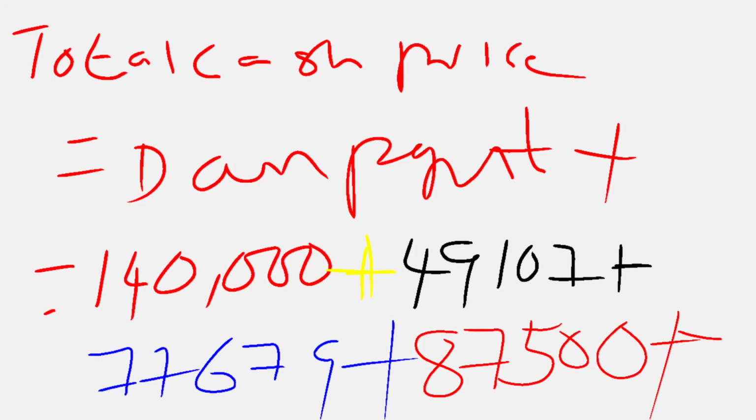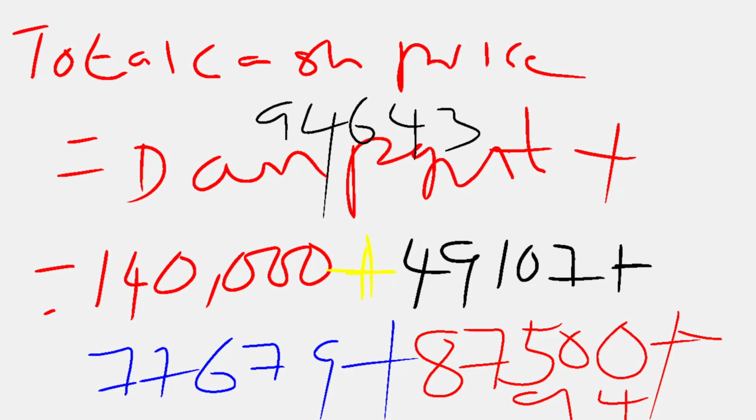plus the last one, 94,643. So that is the total: the down payment plus all the installments we paid, in the cash price we calculated so far.